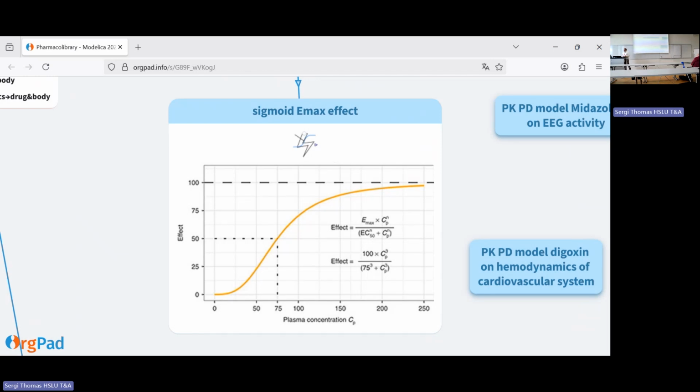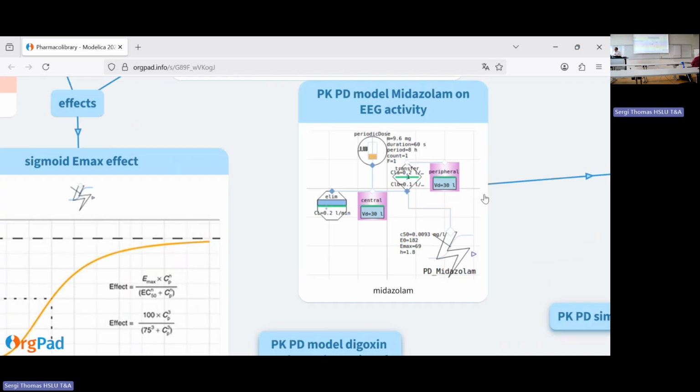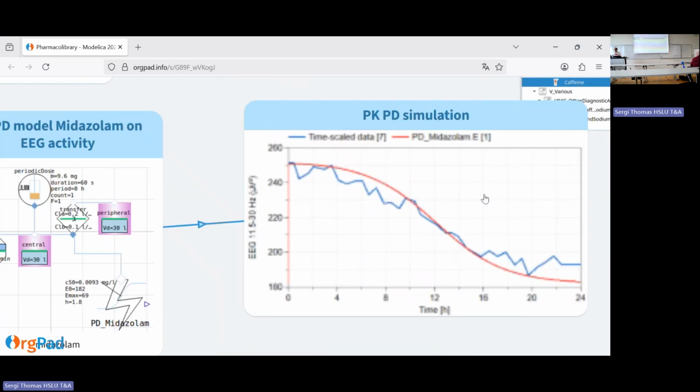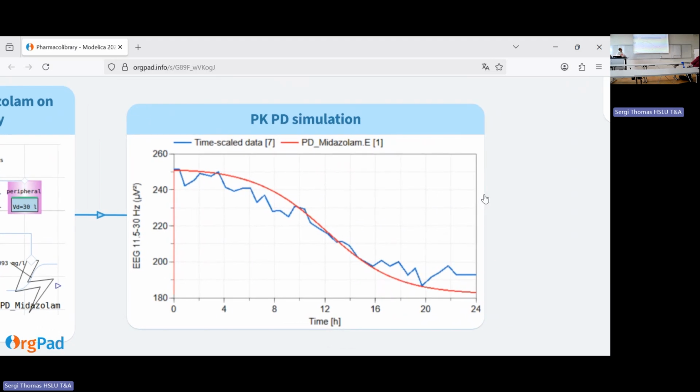And here I have an example of a drug presented previously: midazolam and its effect on EEG activity. Based on the data, when the drug is administered, the EEG activity is up.